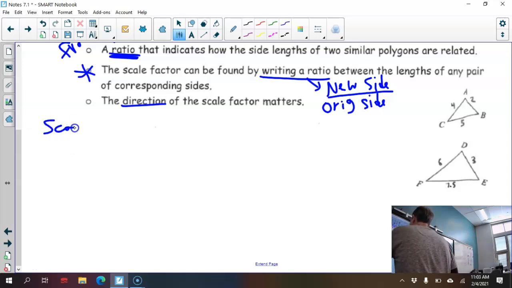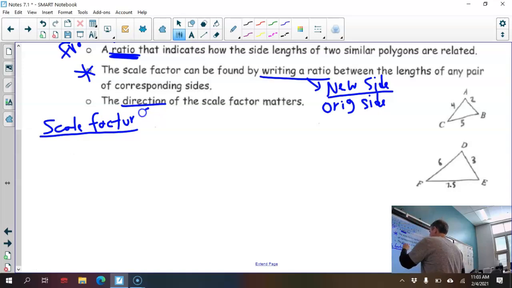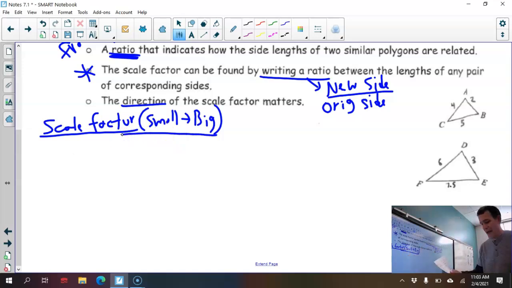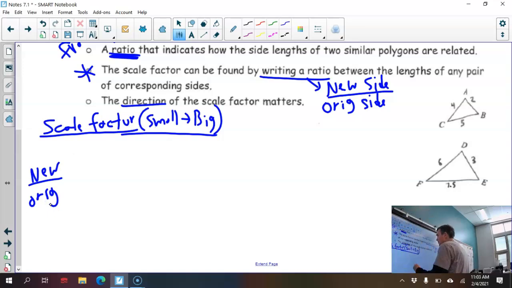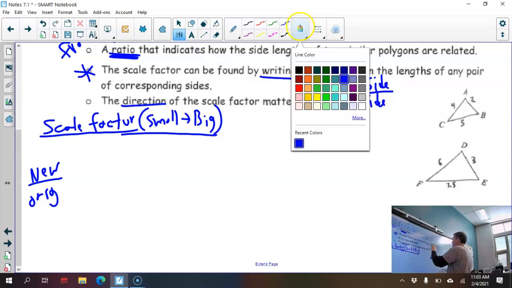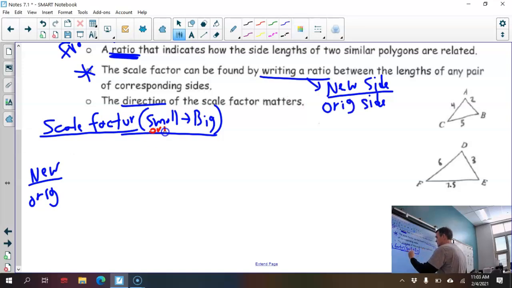So if I was calculating the scale factor going from small to big, I would want to put the new side over the original side. So the small would be the original, and the one I'm going to would be the new.